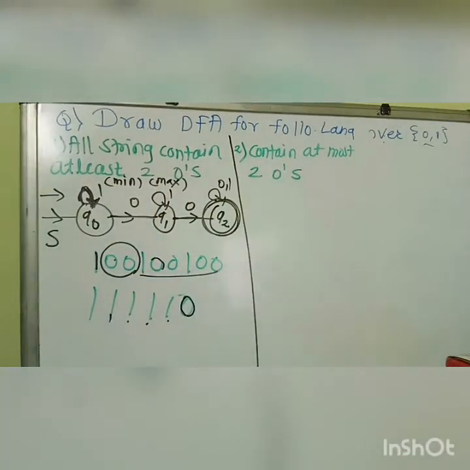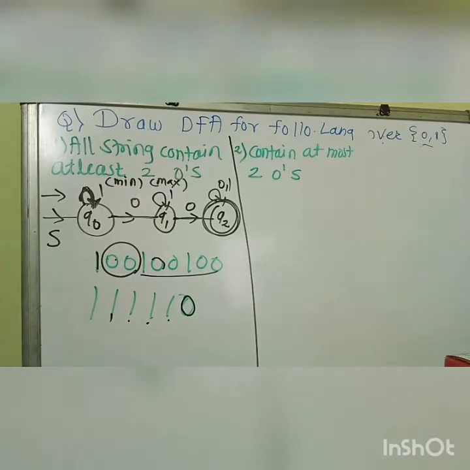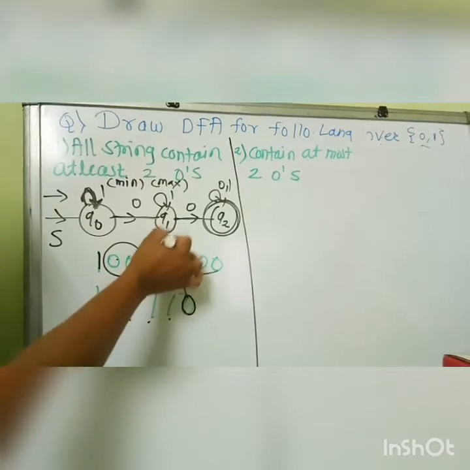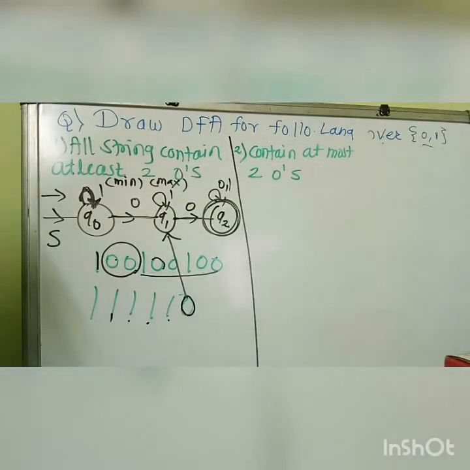But as you know, the mechanism behind the DFA is that only when you reach a double circle or final state is your string accepted. Here, by tracing this string, you come to Q1, which is not a final state. So this wrong input would not be accepted by your DFA. So this is our correct machine.